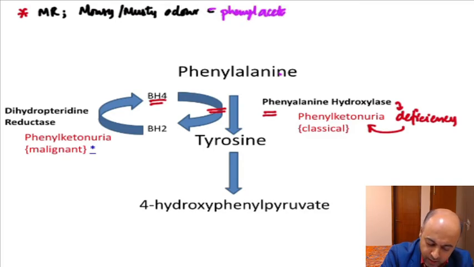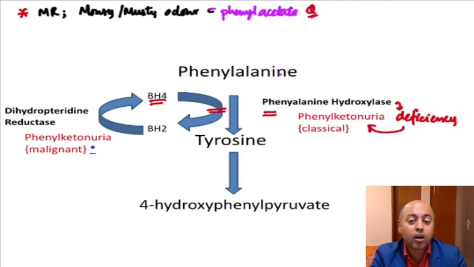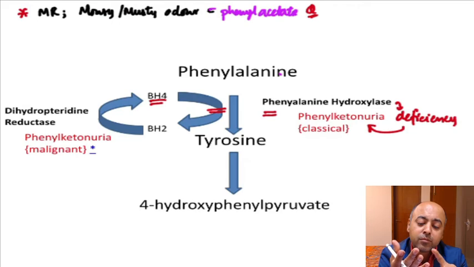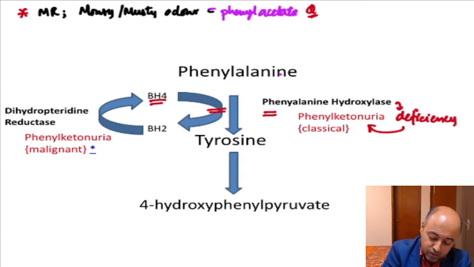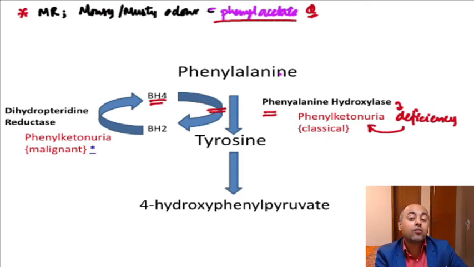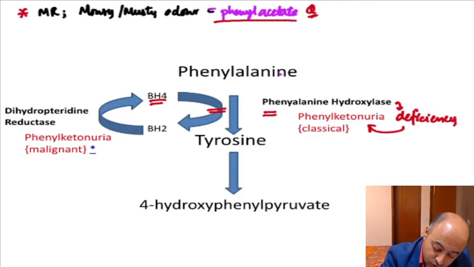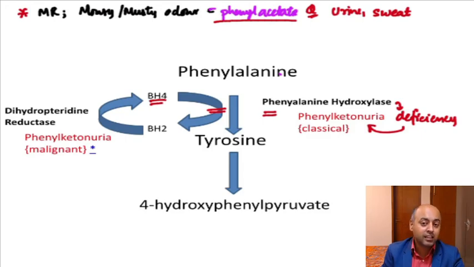This is being asked in multiple ways again and again, so I'll tell you how they'll try to confuse you. They will say mousy musty odor is present in PKU because of phenyl lactate. Wrong. They will say it is present because tyrosine is not there. Again, wrong. The mousy musty odor is there because of the presence of phenyl acetate. And you can find this odor in urine and in sweat.